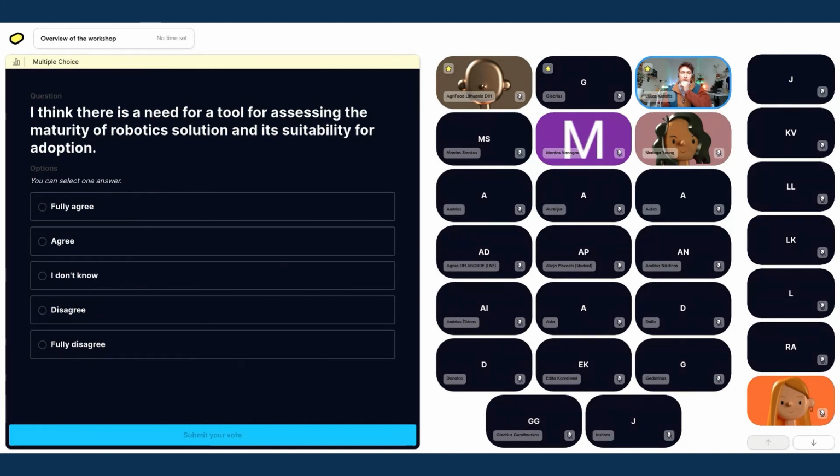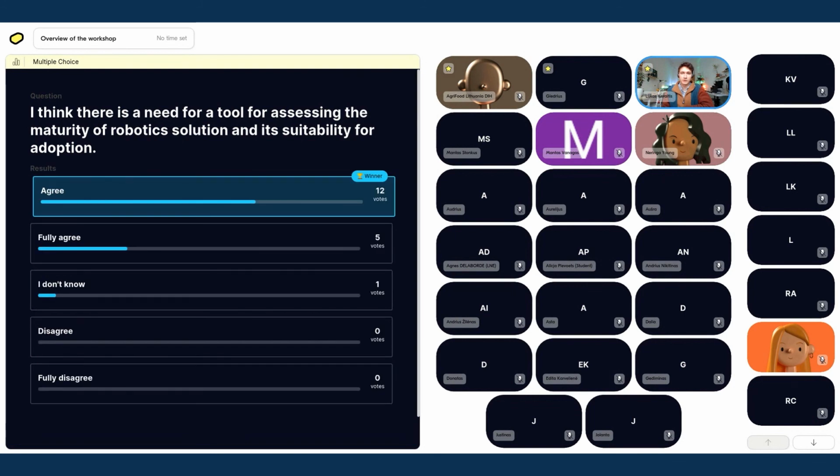Okay, let's vote. And most of us agree with this, fully agree.